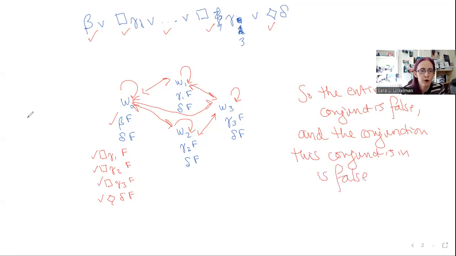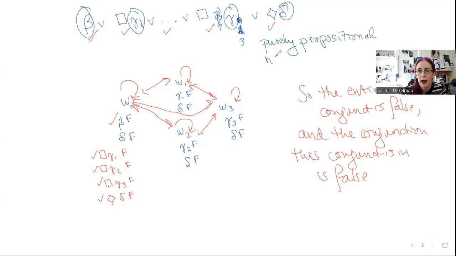And the trick to remember, the reason why this always works, is because each one of these formulas is purely propositional and not a tautology. So you can always come up with a valuation that makes it false at an individual world. So hopefully this picture is a little bit more perspicuous than the slightly wordy and messy proof on the other slide. However, it's showing you the same thing.